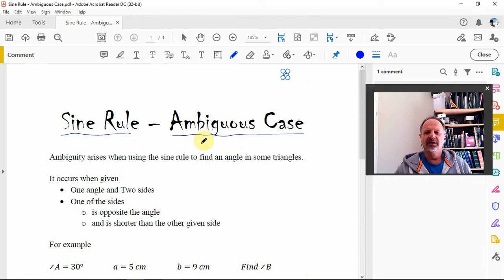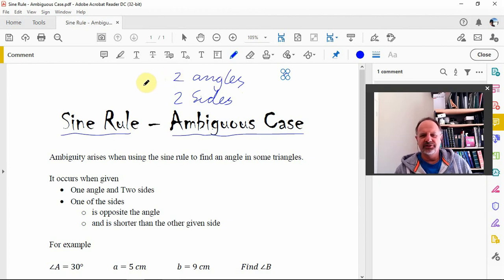As we know, for the Sine Rule, involved in the question are two angles and two sides. If we're given two angles in our information, then the geometry of the triangle's pretty much set, because we also know that the angles inside a triangle add up to 180.